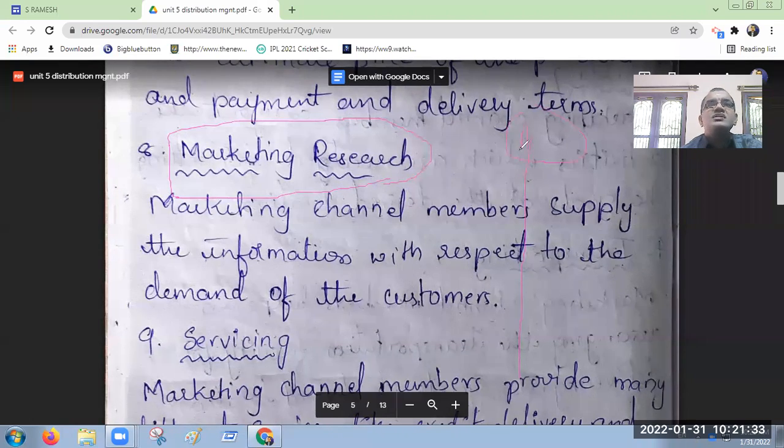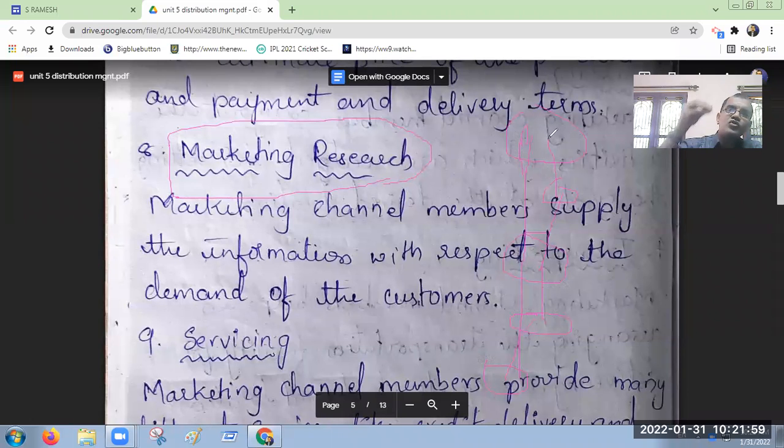Suppose I want a change in my laptop: if these features are there, it will be nice, sir. In the next production, at least you convey this message to the producer. The retailer will share this information with the wholesaler. The wholesaler will share it with the agent. The agent in turn will give feedback to the producer: sir, customers want this modification, this change in the products.